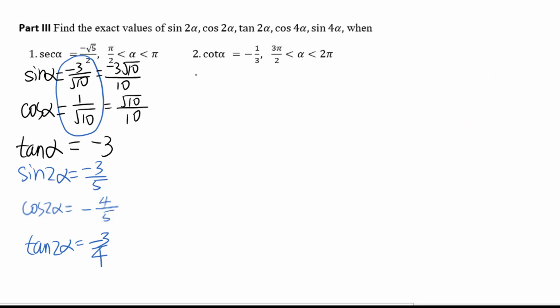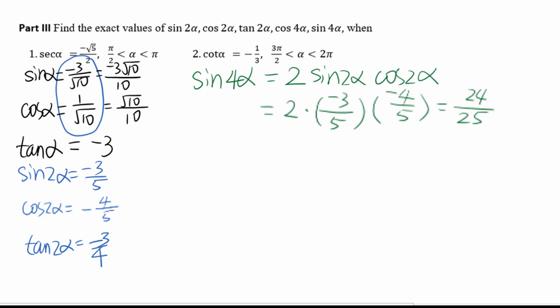Now let's go to sine 4 alpha. That is 2 sine 2 alpha times cosine 2 alpha. Your answer will be 24 over 25. For cosine 4 alpha, you have 3 formulas to use. Let me use 2 cosine squared 2 alpha minus 1.